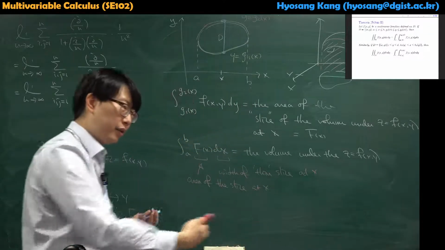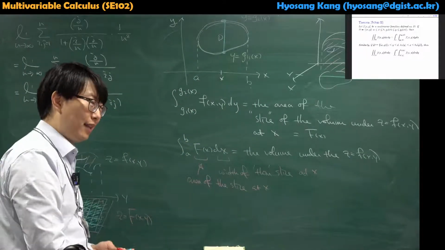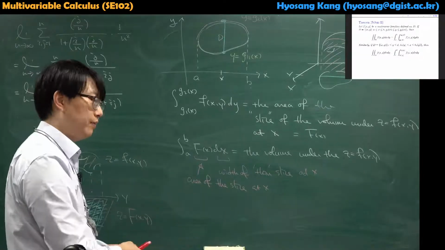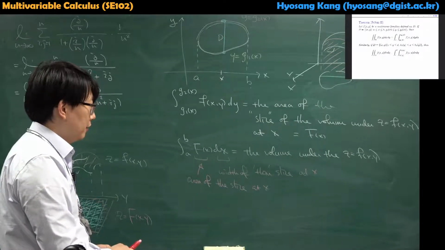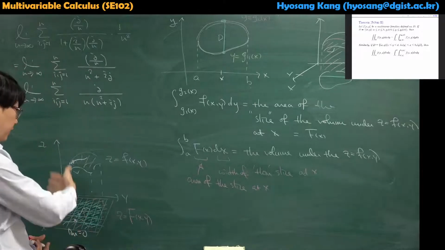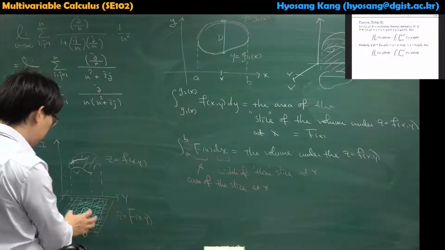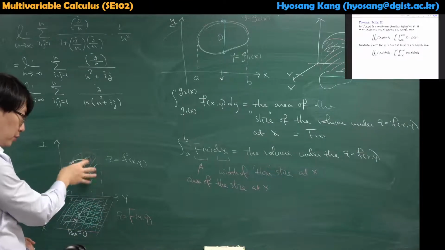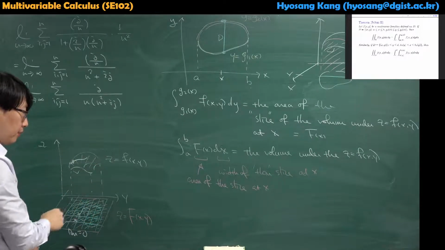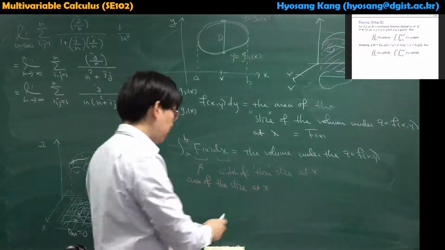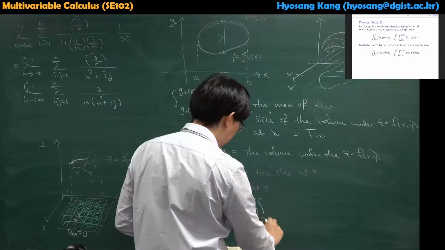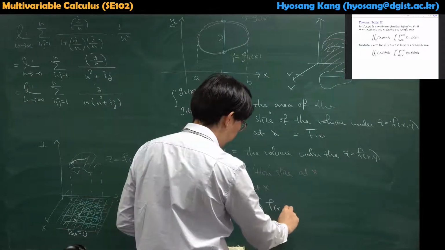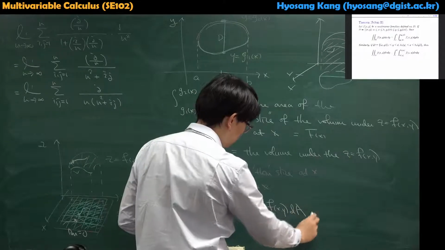If you sum all these volumes of thin slices, you get the entire volume, right? So think about how we define the double integral on this region D. Basically, it's the volume under the graph, right? So that's the double integral over D of f(x,y).